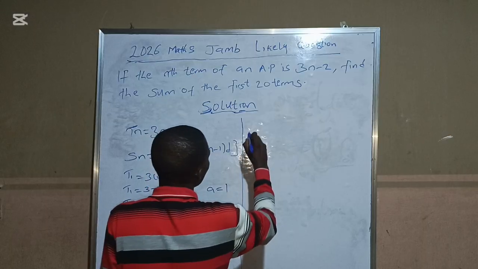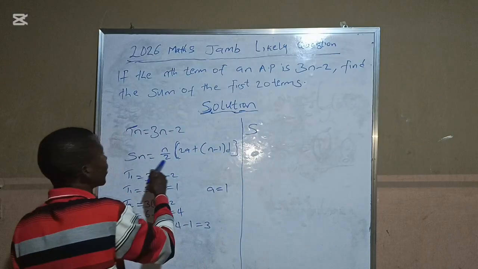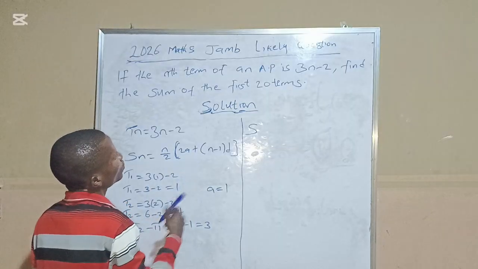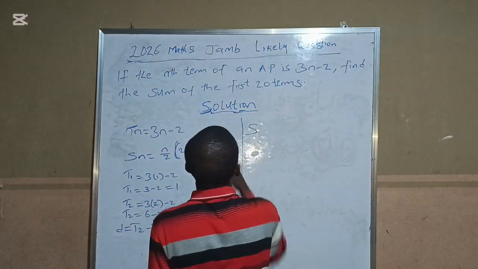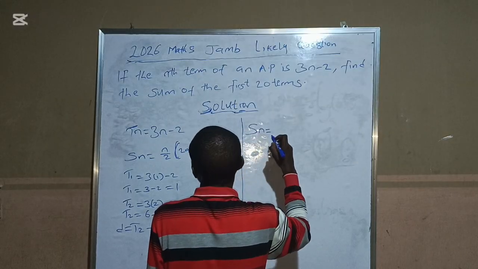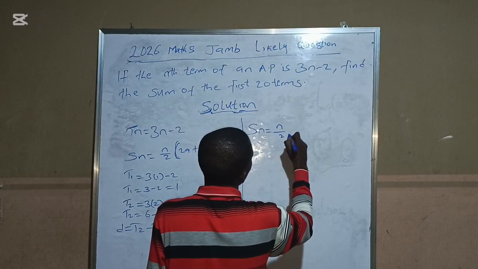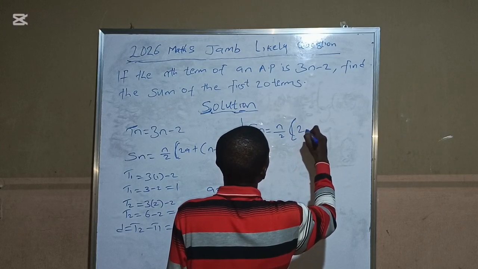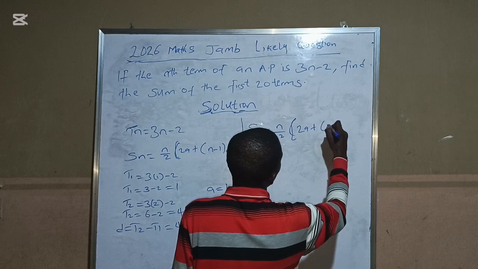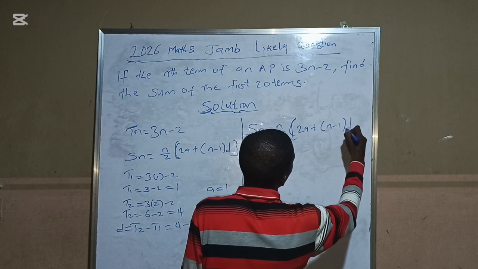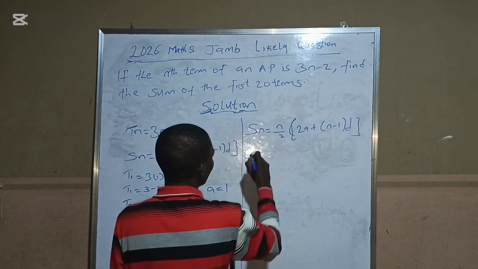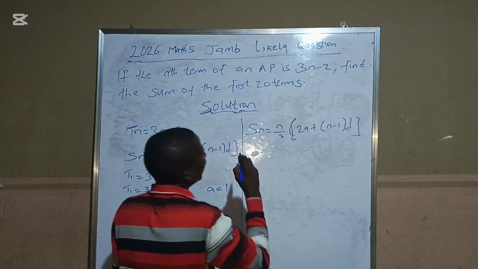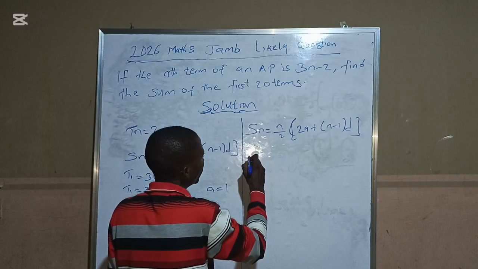This is the formula for the sum of an AP, in case you didn't know before: Sn equals n over 2 in brackets 2a plus n minus 1 d. Anywhere you see n, you input 20.